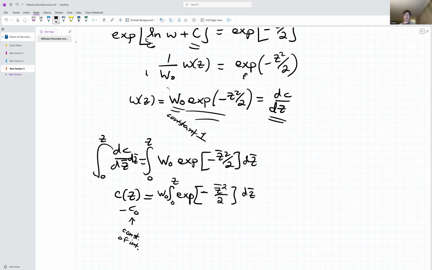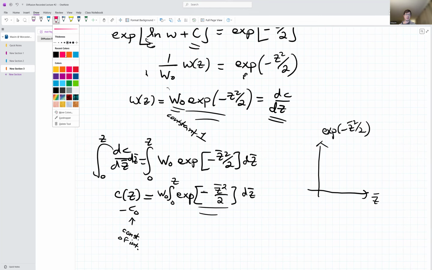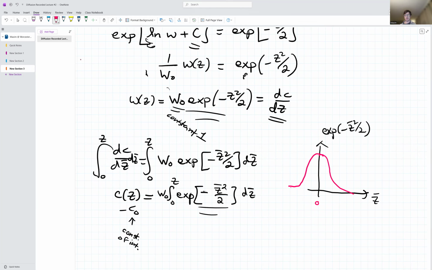Now this integral actually has a special name. If you imagine, what this thing in here is just a Gaussian function. If we plot, as a function of z bar, this exponential of minus z bar squared over 2, it just looks like the bell curve. We're looking at it away from 0, so it just looks like a bell curve like that. This is 0.